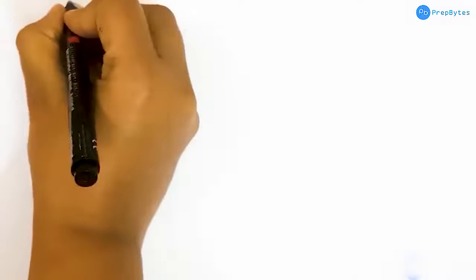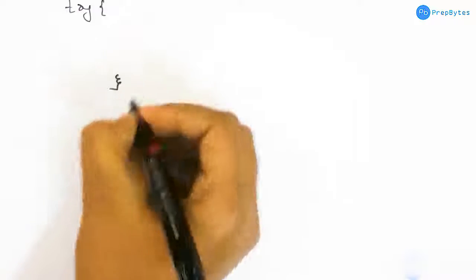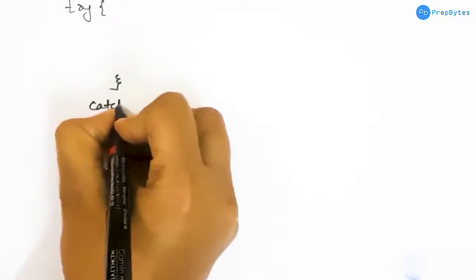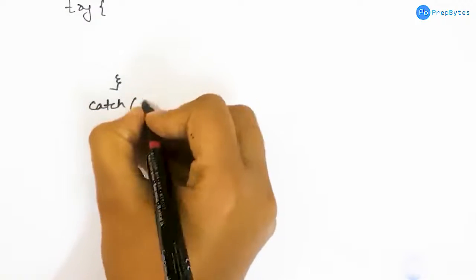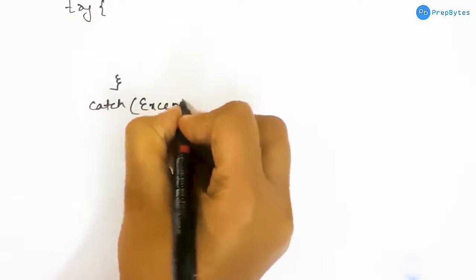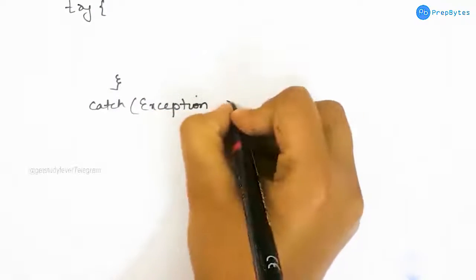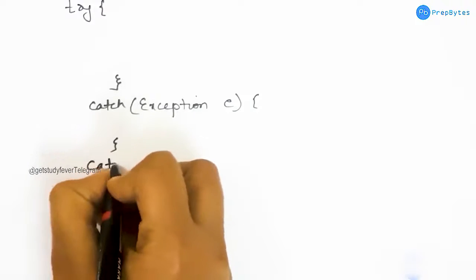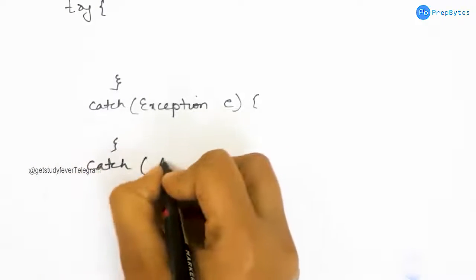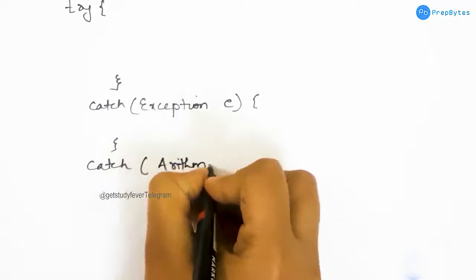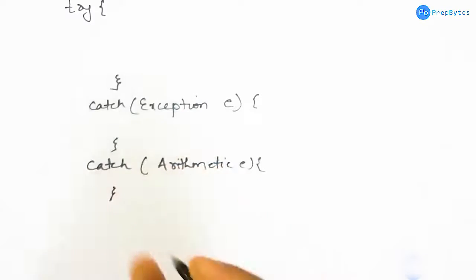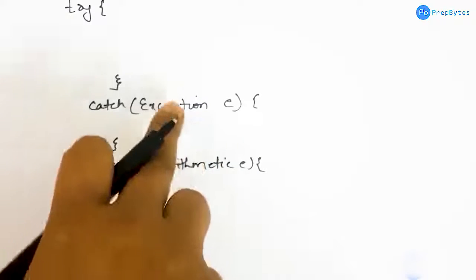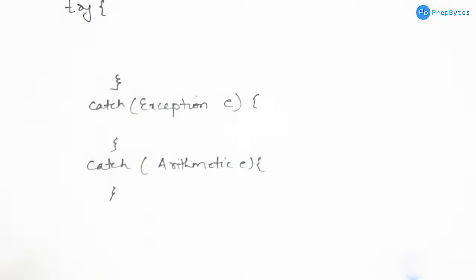So let's say I have a try block, and then I have multiple catch statements, and in the first catch statement itself I write exception E, and then in the second catch statement I write, let's say, arithmetic E, and then I write let's say 2-3 more exceptions that are subclasses of exception. So in this case you get a compilation error.